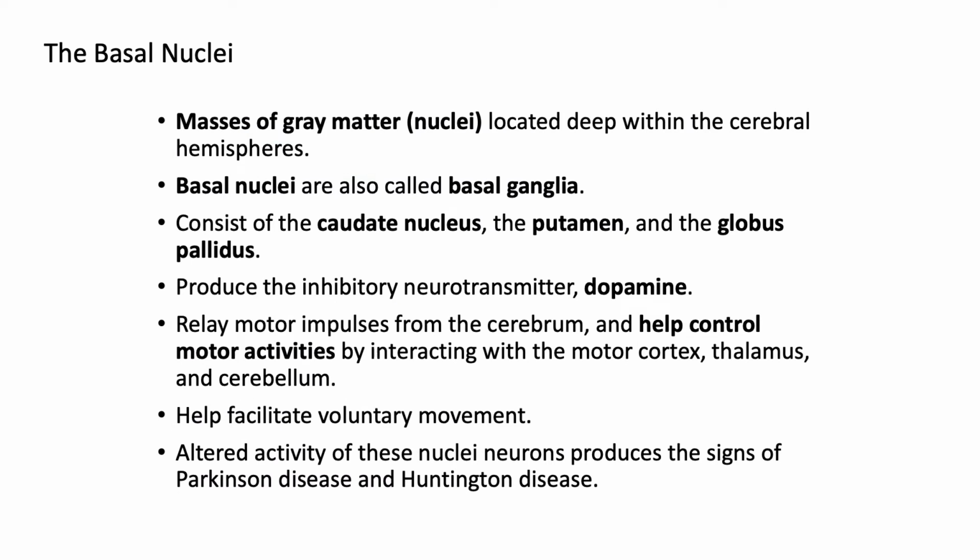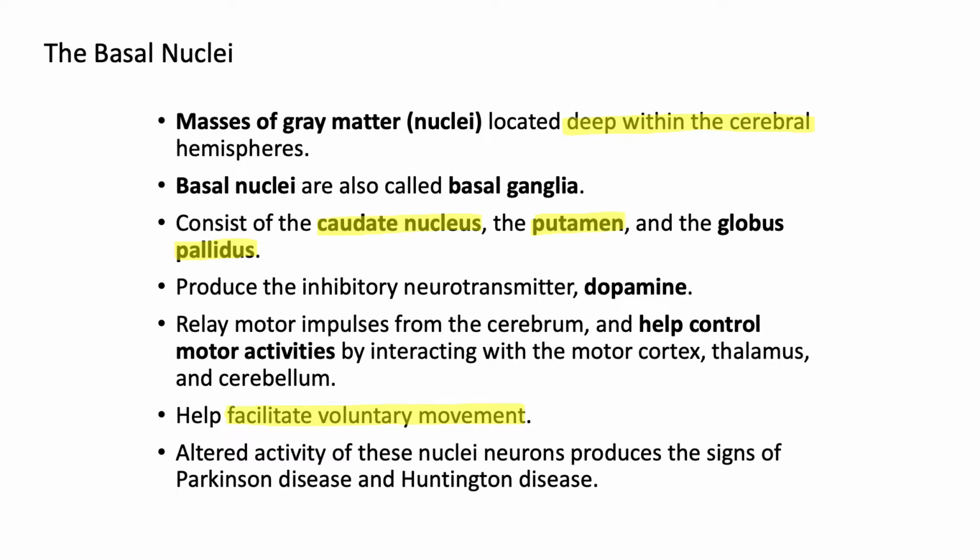Basal nuclei are a collection of gray matter located deep within the cerebral hemisphere. There are 3 structures that make up the basal nuclei. They include the caudate nucleus, putamen, and globus pallidus. The overall function of the basal nuclei is to facilitate voluntary movement by smoothing and fine-tuning the movement.